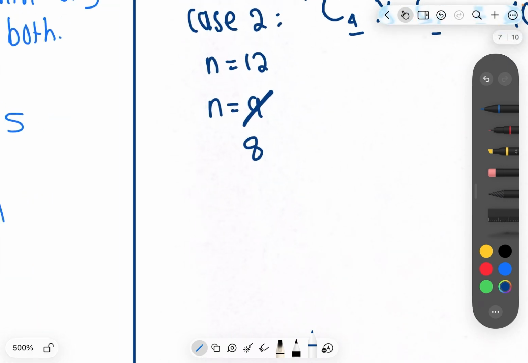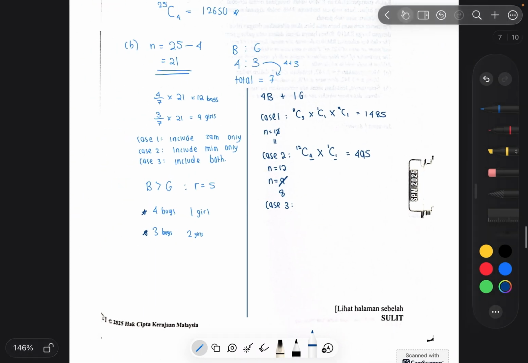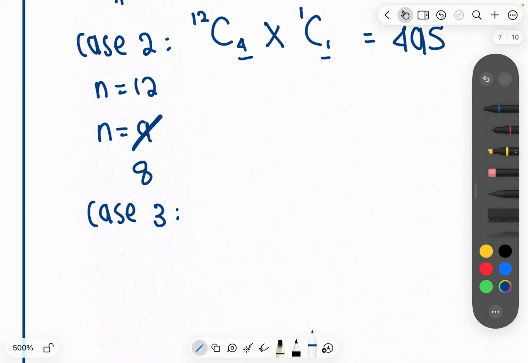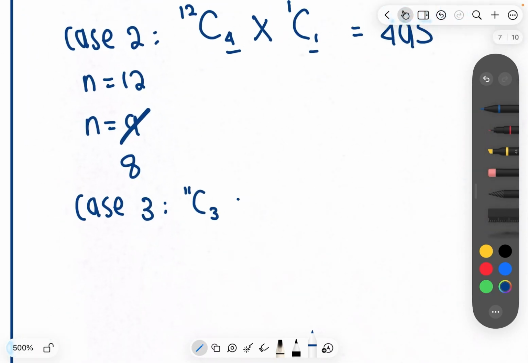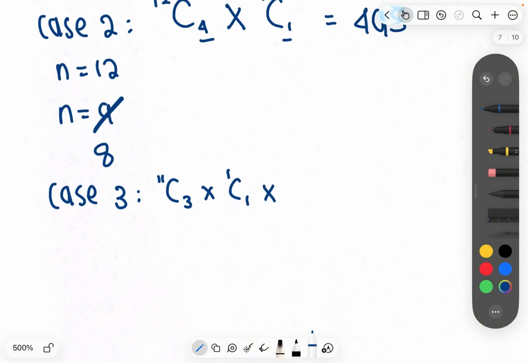Okay, next. Let's talk about case 3. Let's say I want to include both. So boys, 11 C what? This is 4, right? So 4 boys, so it becomes 3 because I want to choose one, Zam. And then for girls, it becomes 8C0.